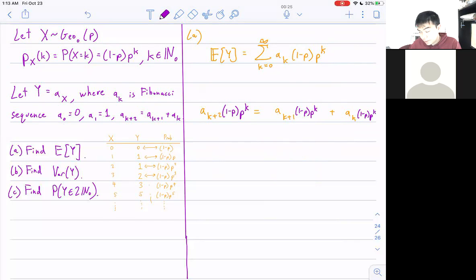Nothing's changed. And it certainly remains true if I then sum both sides from k equaling 0 to infinity.